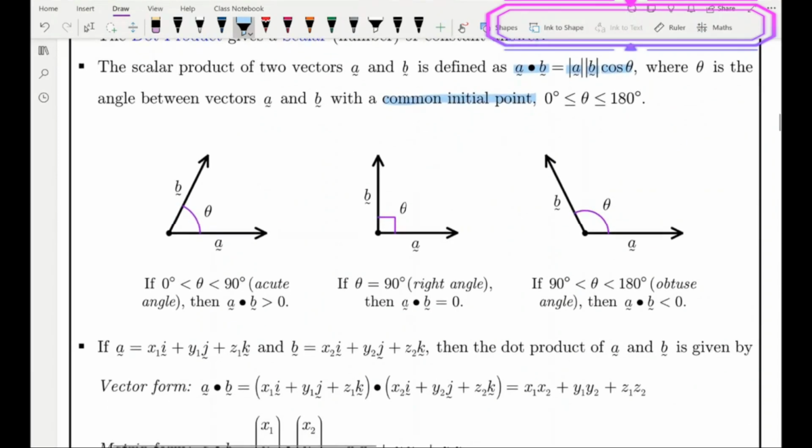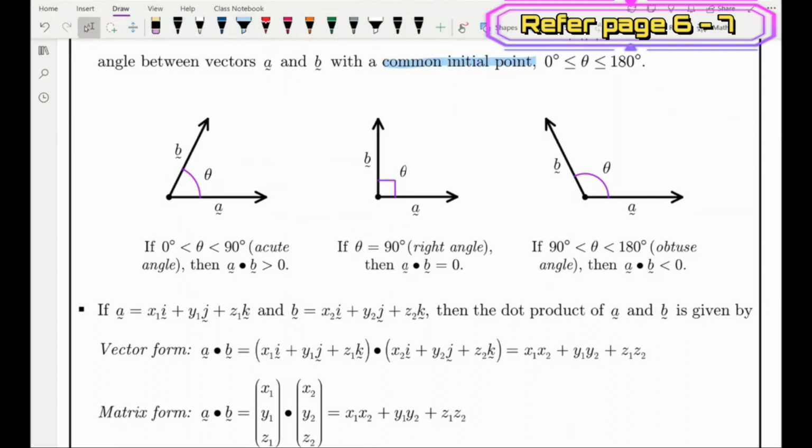Now we look at the graph. If theta is less than 90 degrees, or an acute angle, that means A dot B is greater than 0, or positive.